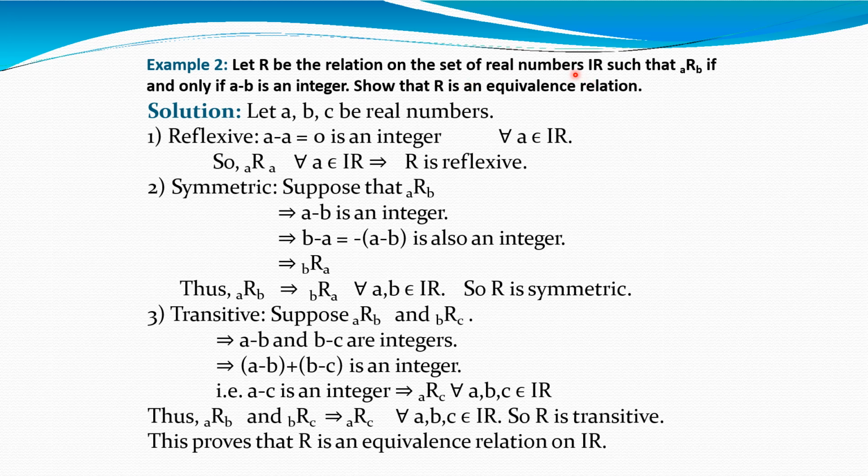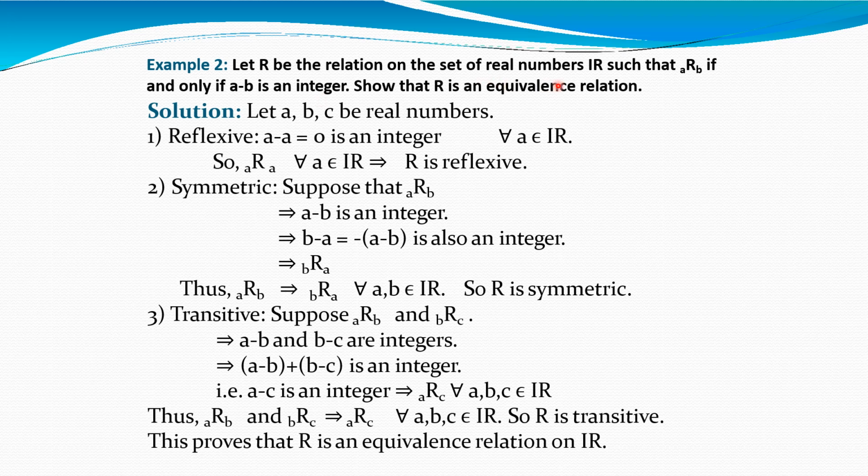So the real number A is related to B if and only if A minus B is an integer. For example, if I consider A equal to 6 and B equal to 4, both 6 and 4 are real numbers and 6 minus 4 equal to 2 is an integer. So I can say that 6 is related to 4.